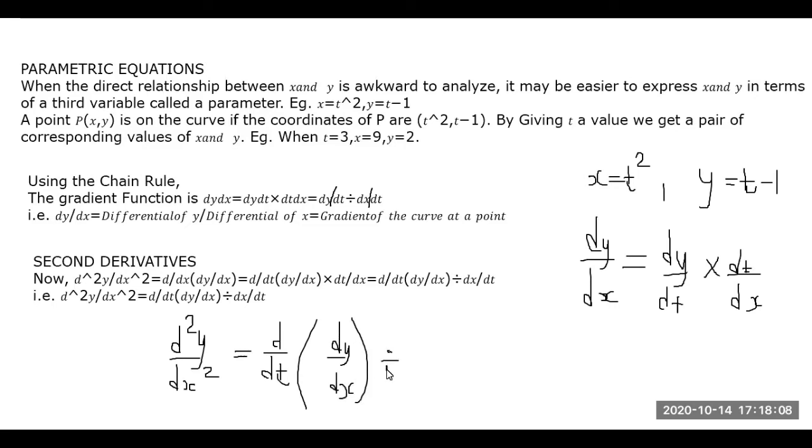So it's divided by whatever that works out to be, divided by dx dt. I'm not going into the technical proof, but we just need to know how to use these two formulas to find dy by dx and d2y by dx squared. These are the two most important things.